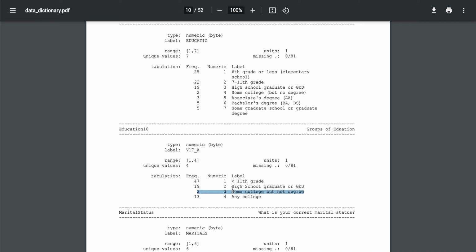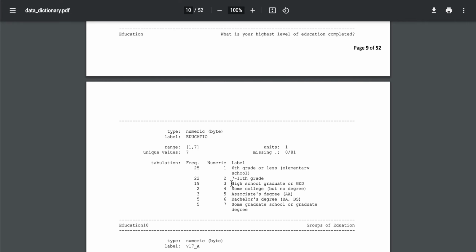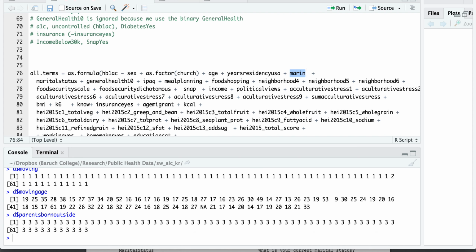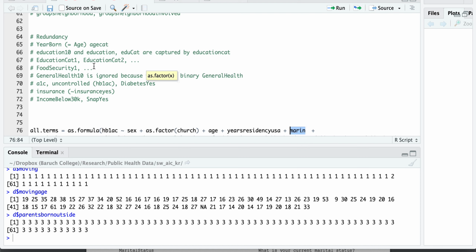And okay, so I would create a new variable out of this. So let's see. What happened to education? Okay, so I'm not using this.